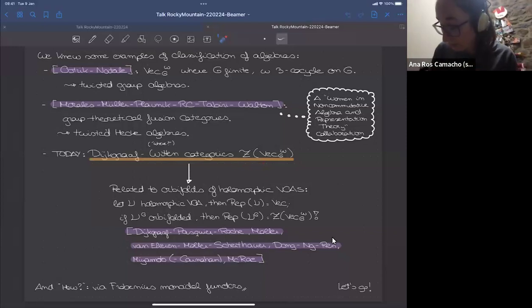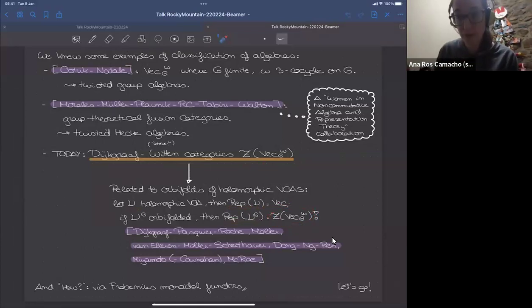So if you have a holomorphic VOA, its representation category is Vec. But then if you take G to be a particular group, related to the automorphisms of the VOA, and you perform a certain procedure, which is called orbifolding, then this representation category is actually the Dijkgraaf-Witten category.